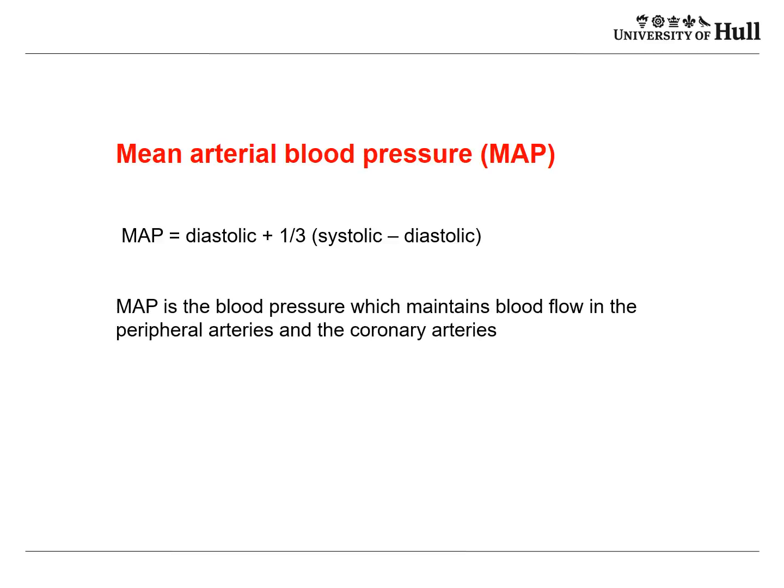And the mean arterial blood pressure is the blood pressure which maintains flow in the peripheral arteries and in the coronary arteries. So in a sense, the mean arterial blood pressure is a measure of the extent to which the cardiac muscle is being supplied with blood. So it's a very important measure, especially in critical care.